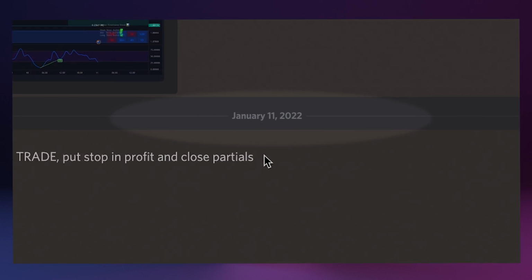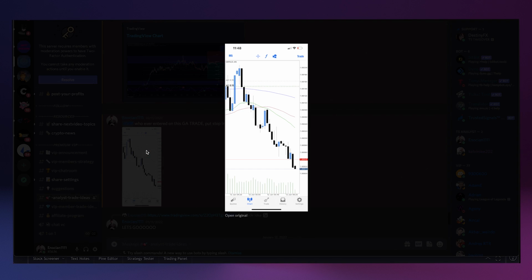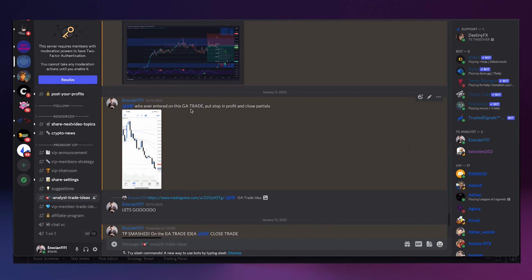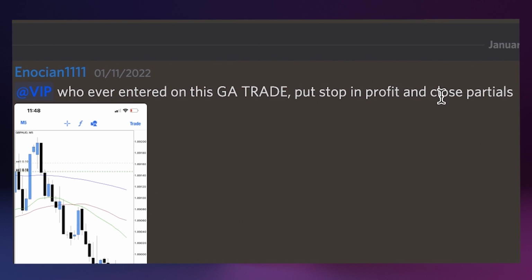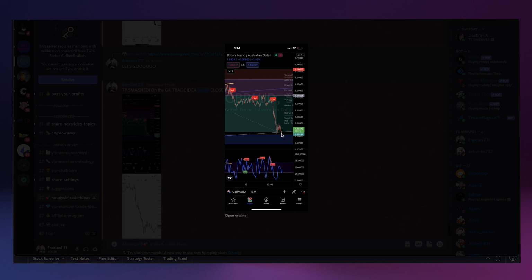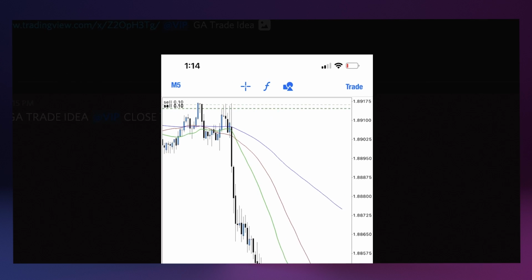Then the next day on January 11th, we had a perfect movement to the downside. I let everybody know, hey, it's time to put your stop in profit, close partials, and then the day after, it absolutely smashes the TP, which paid out 110 pips.